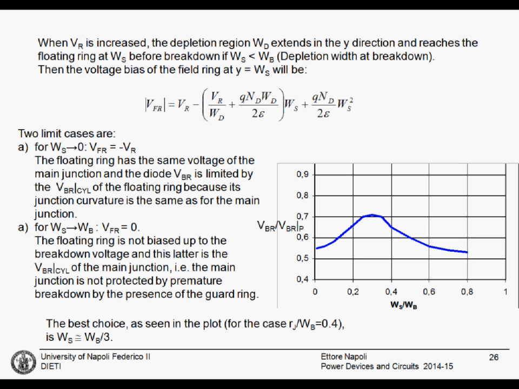When VR, the reverse bias, is increased, the depletion region WD extends in the y direction and reaches the floating ring at W equal to WS.